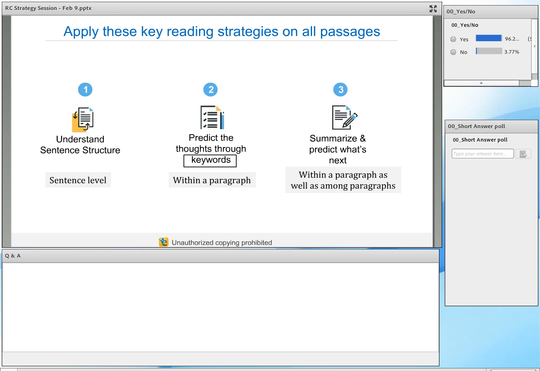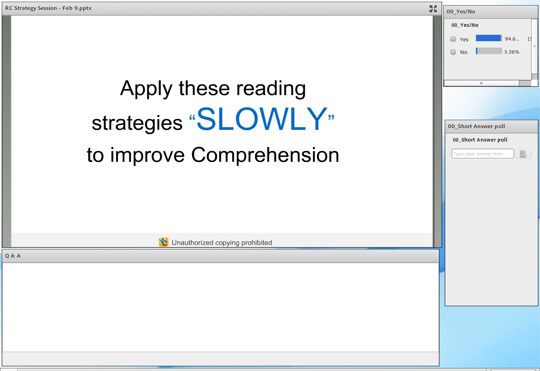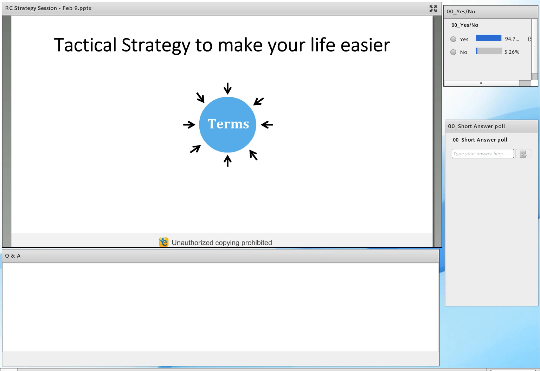All right. So now let's move on to applying these strategies on a reading comprehension passage and look at the word that is highlighted here, slowly. You have to apply these reading strategies slowly, because if you start to apply them fast, you are going to falter and not be able to apply them. So slowly is the key. Now, there is one tactical strategy that can make your life easier on these passages, which is to shorten the technical terms.